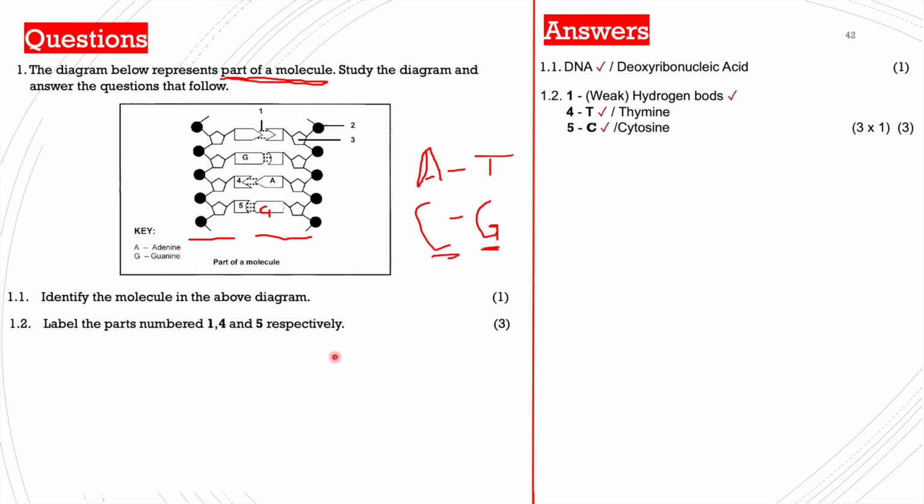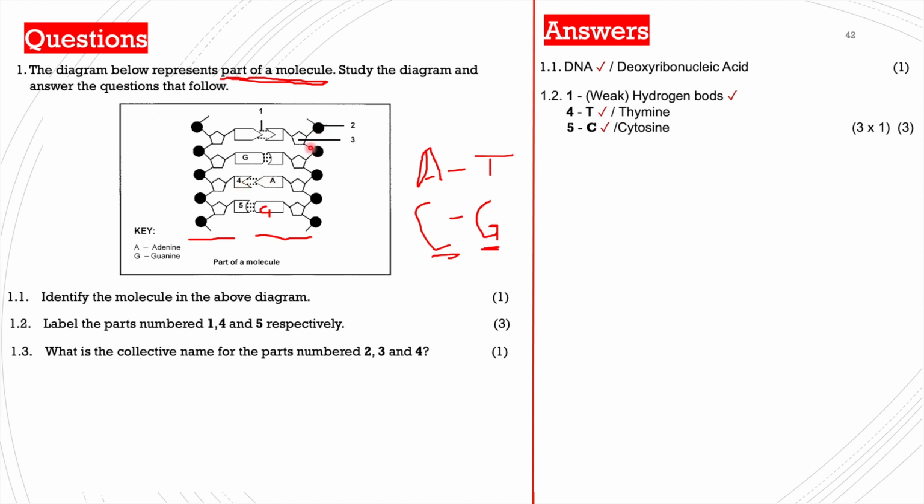Okay. Following question. What is the collective name for the parts numbered 2, 3, and 4? Let us check. Part 2, we said it's a phosphate group. Part 3, we said it's a deoxyribose sugar. And 4, even though it is not put there, it's a nitrogenous base.